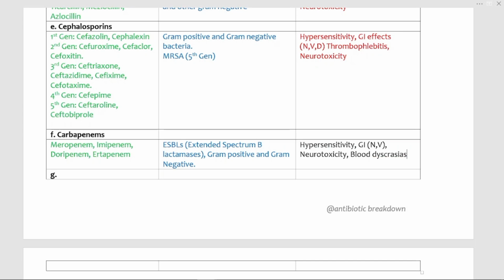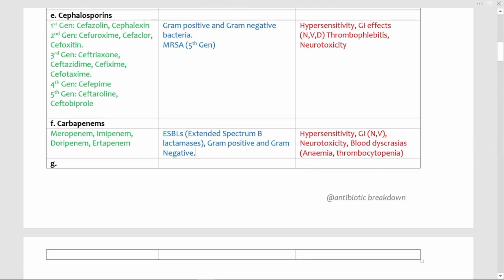Blood dyscrasias. This means it may cause anemia. They may cause anemia and thrombocytopenia, low platelet level. Thrombocytopenia. So those are some of the major side effects when it comes to using the carbapenems. Let me just highlight them in red. So that's all about the carbapenems.